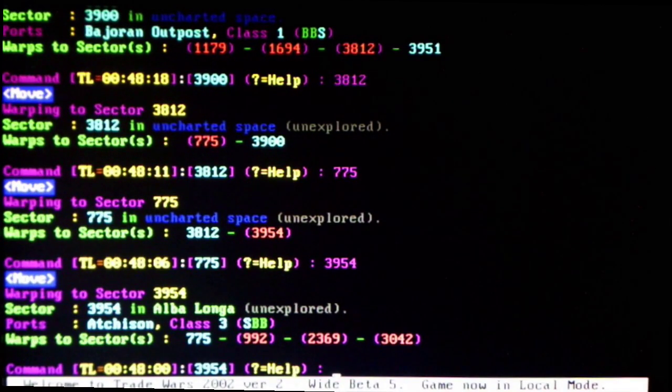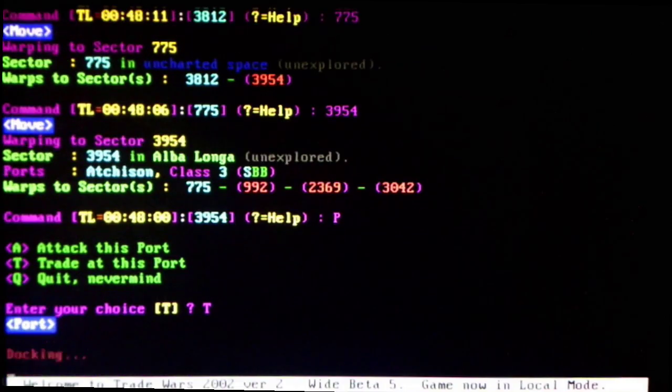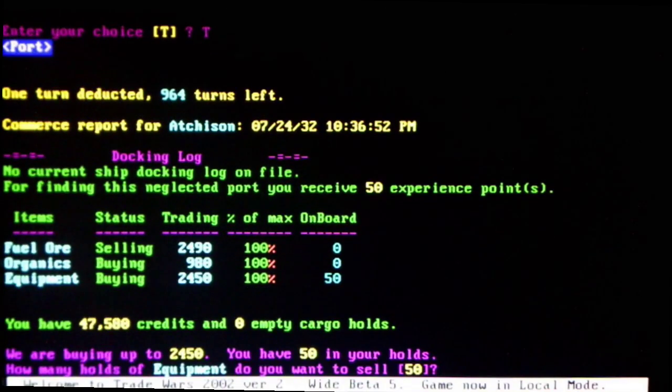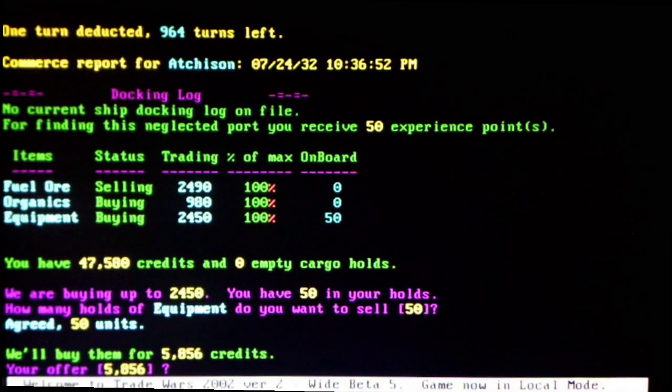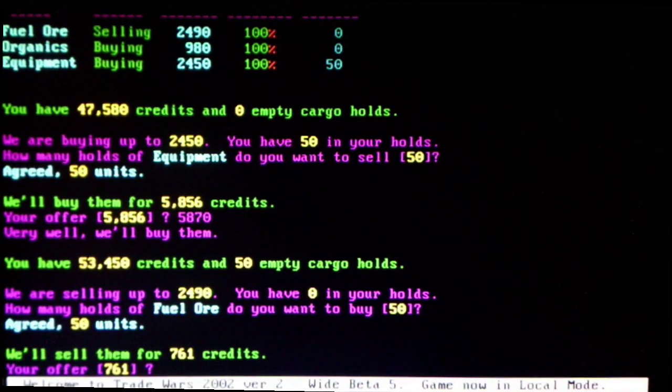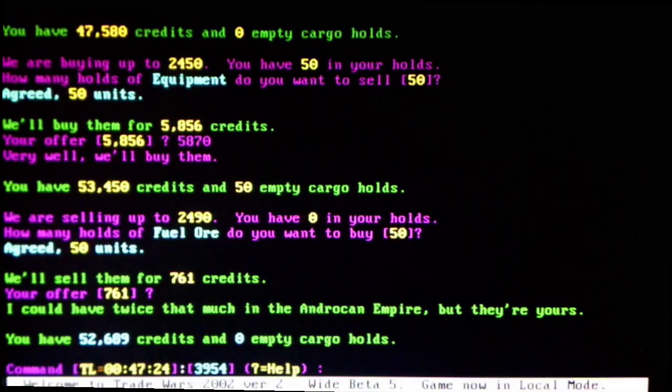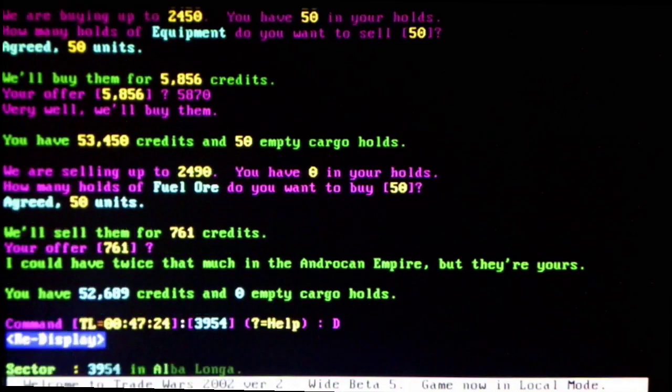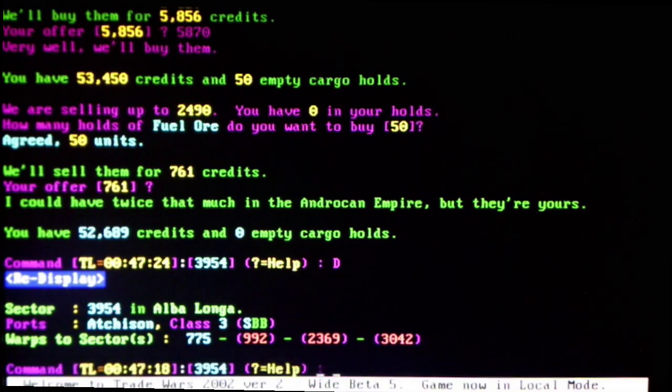Okay, so we'll port here, and we'll trade, and we're going to sell all of that equipment, but we really want to get, say, 5870. And do we want fuel ore? Sure, we'll take some fuel ore. Alright, so let's go to 3042.